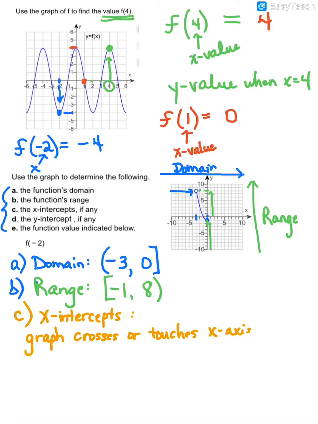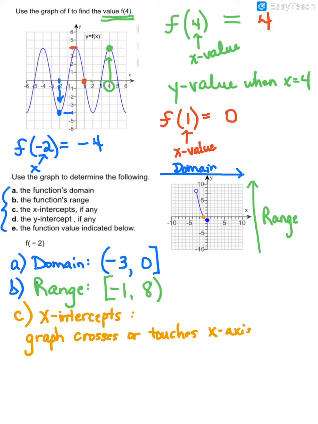So as I look at this particular graph that they have given me, I'll notice that the graph is crossing the x-axis right there. And so that is an actual x value of -1.